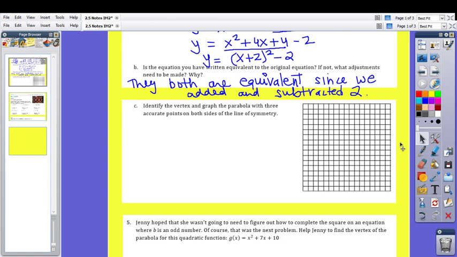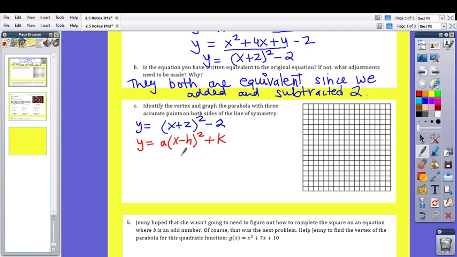Okay. Now that we have the equation, which is y equals (x plus 2) squared, take away 2, let's compare it with the standard vertex form, which is a(x take away h) squared plus k. If you compare it, then we can find the vertex.